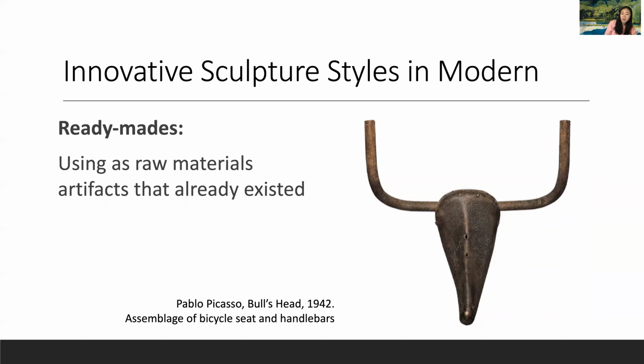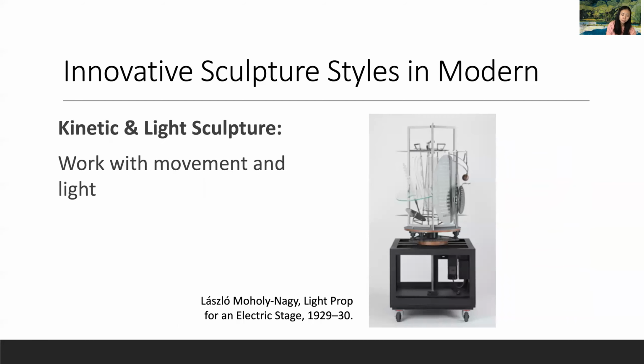He took the handlebars and the seat of a bicycle and combined them to make a bull's head. So such artworks are known as ready-made. And also we learned this ready-made on the very first day of the course, right? When you saw Marcel Duchamp's Fountain, the male urinal work.